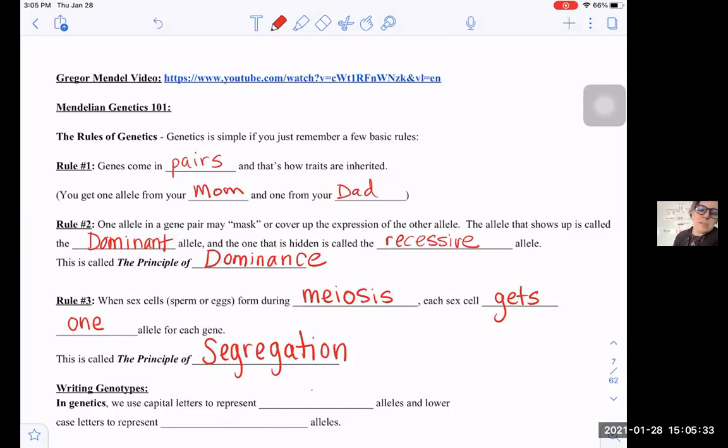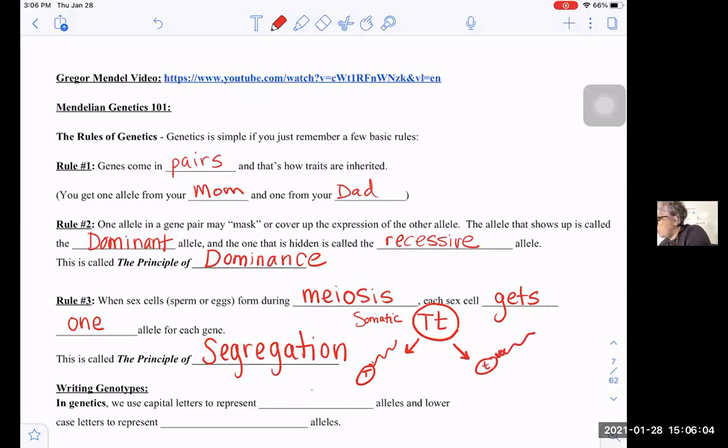So what the principle of segregation means, what she was showing in that video, is that if you are a heterozygous individual, this is your diploid somatic cell. When you form sperm or eggs in meiosis, you only give one letter to your offspring, either the big T in this case or the little t.